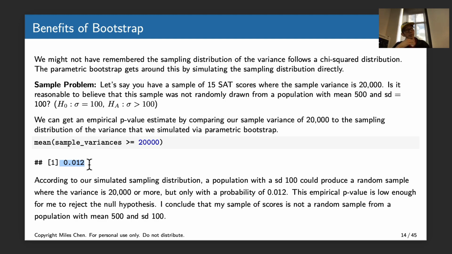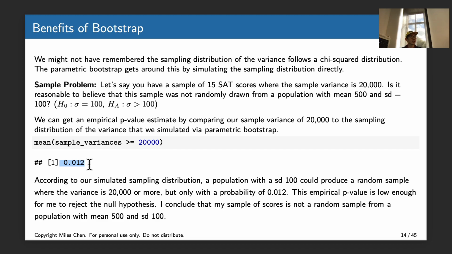So could a random sample of 15 values produce a sample where the variance is 20,000? It could. What's the probability of that happening? Only 1.2%. That's a pretty small number. My conclusion is going to be: I don't think I was just the lucky 1.2%, right? I think something happened where either my sample isn't randomly drawn from this population, so maybe it's not a random sample, maybe it's coming from a different population, who knows.